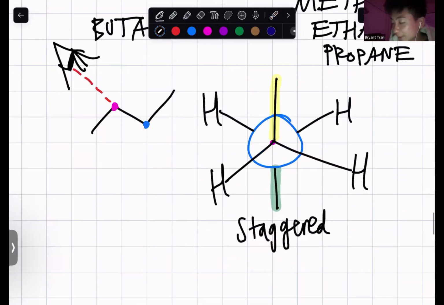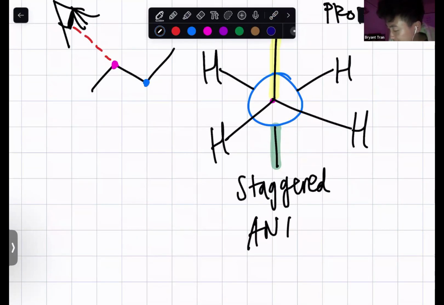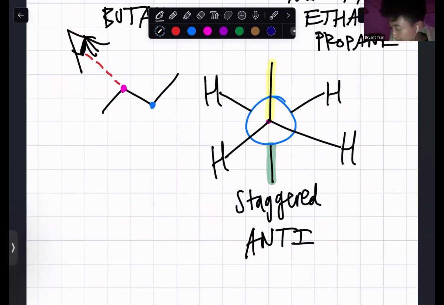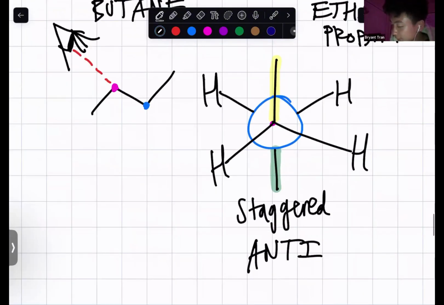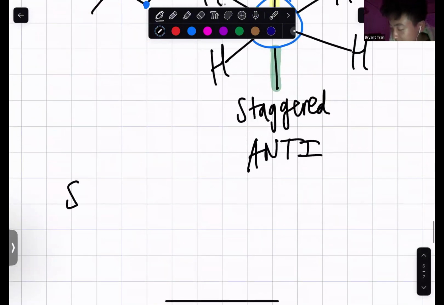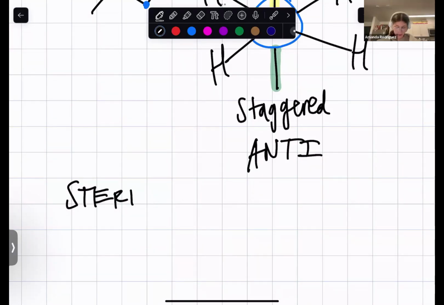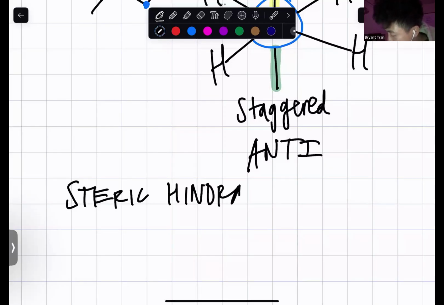So this specific staggered conformation is going to be the anti-conformation. Right? And that's a very good thing. It's very stable because there's less steric hindrance. Have you heard of that term, steric hindrance? No, I don't think so. So you will learn about it when you learn about energy and stability.